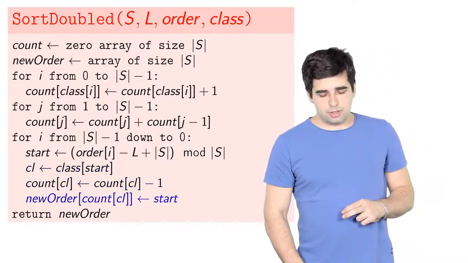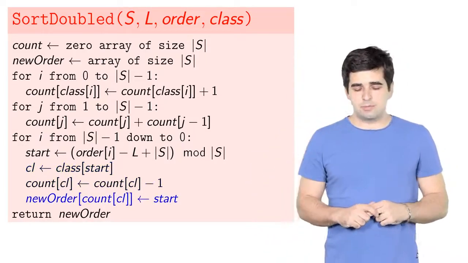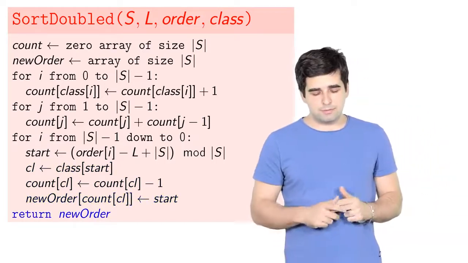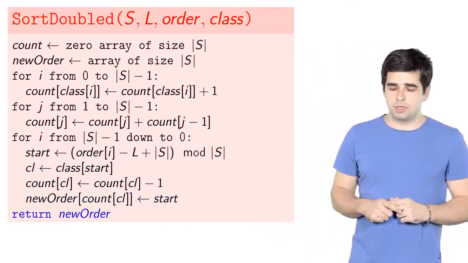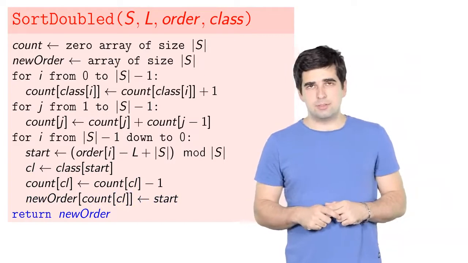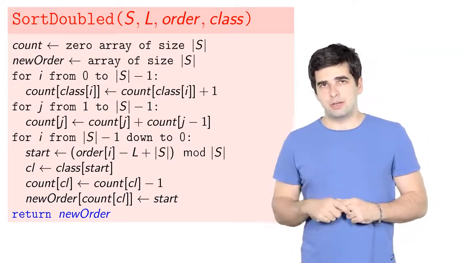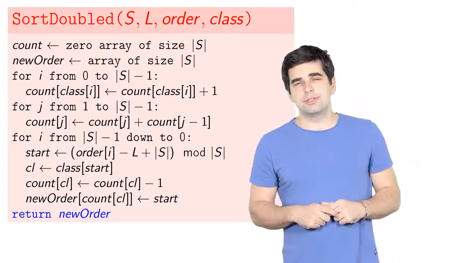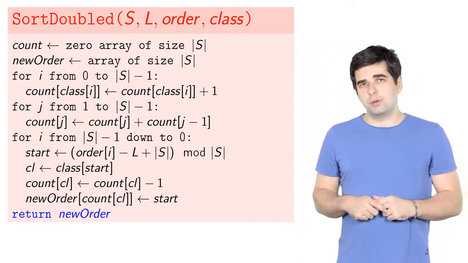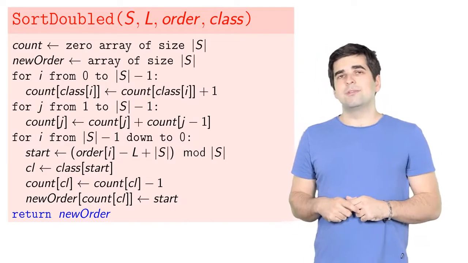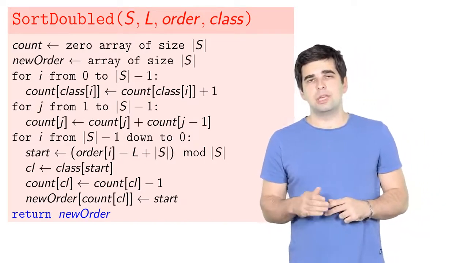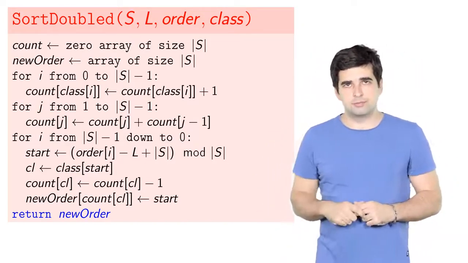So this is what this last for loop does. And in the end, what you have is the array new order, which contains the doubled cyclic shifts, which were initially sorted by their second half. And then we sorted them by counting sort by their first half. And so now they are sorted by the first half.